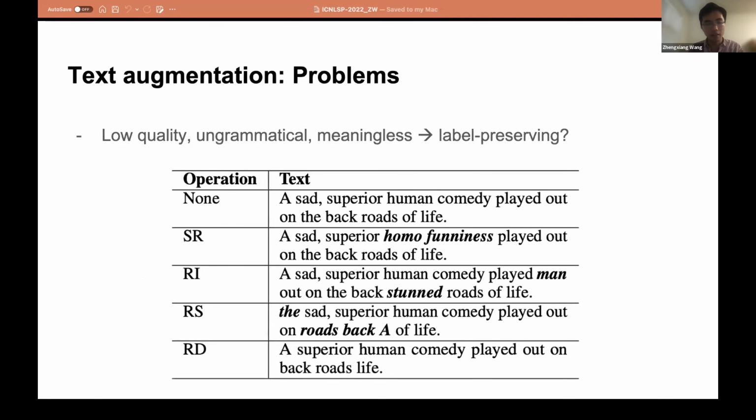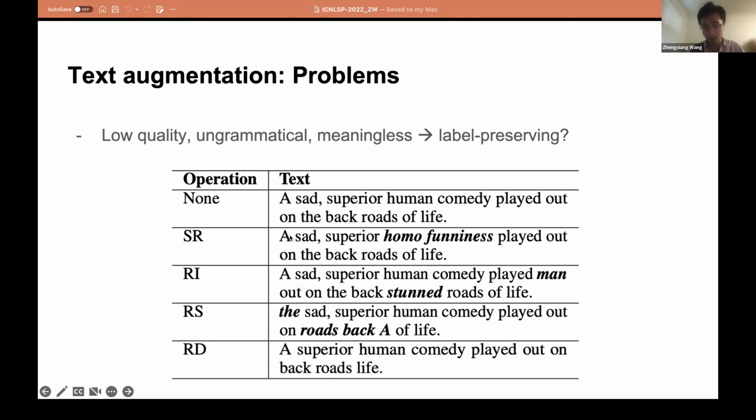So the problem is there are no strictly paraphrastic text augmentation techniques, and augmented text is usually very low quality, ungrammatical, even meaningless. Here are examples. This is the original sentence: a sad, superior human comedy played out on the back roads of life. SR stands for synonym replacement.